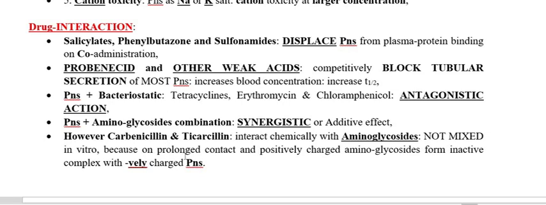When ticarcillin and carbenicillin are used in combination with an aminoglycoside, the activity of the penicillin, carbenicillin, and ticarcillin gets inhibited. So we do not use them in that way. This is all about beta lactam penicillins. In the next class, we are going to discuss the cephalosporins.